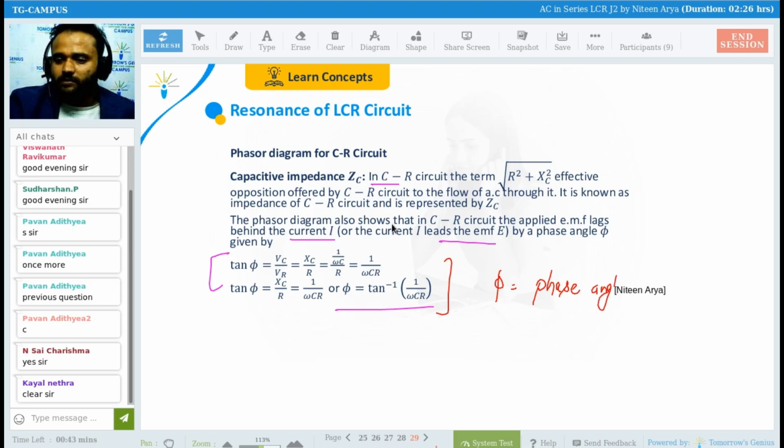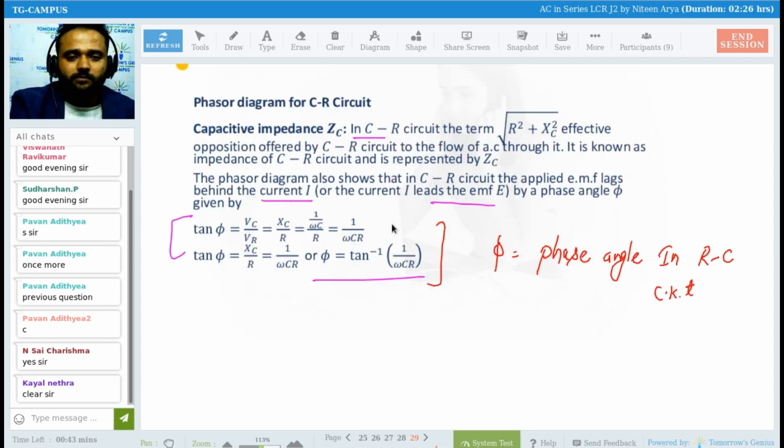Phase angle in RC circuit. Okay, phase angle in RC circuit, and what is it going to matter for?